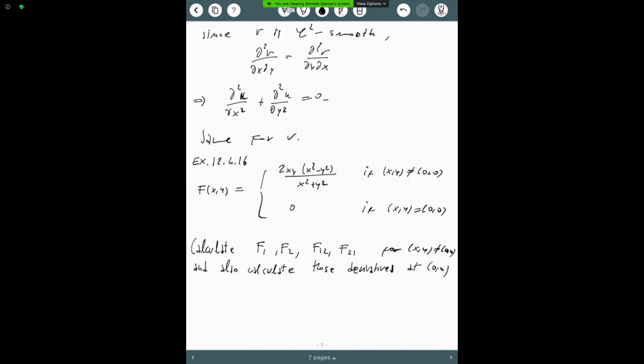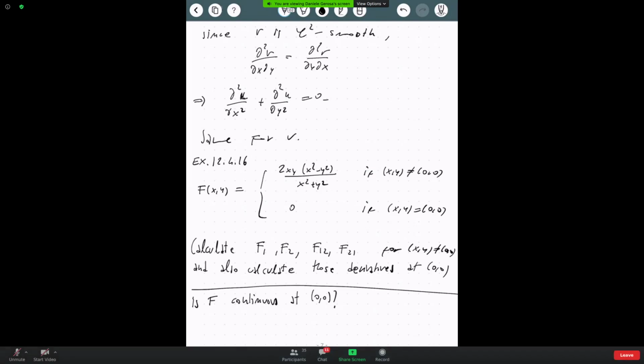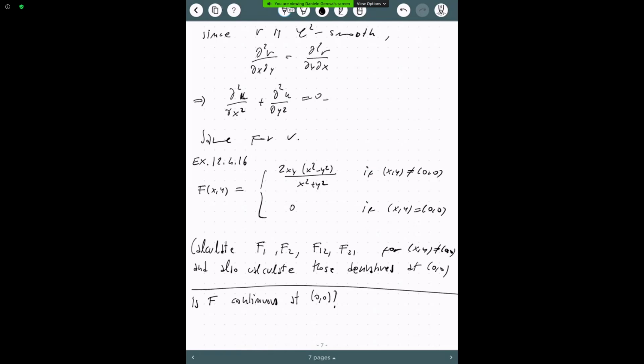Okay, so I'll draw a line here. Is f continuous at (0,0)? We have seen several of these exercises, and to answer this question, we need to compute a limit, right?